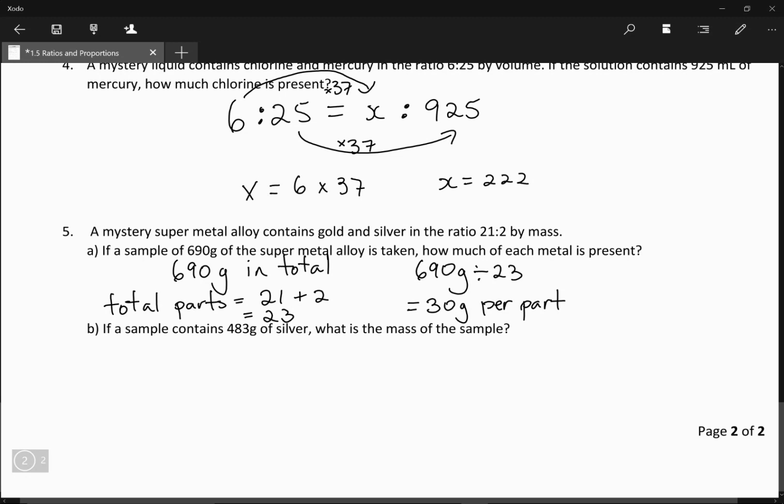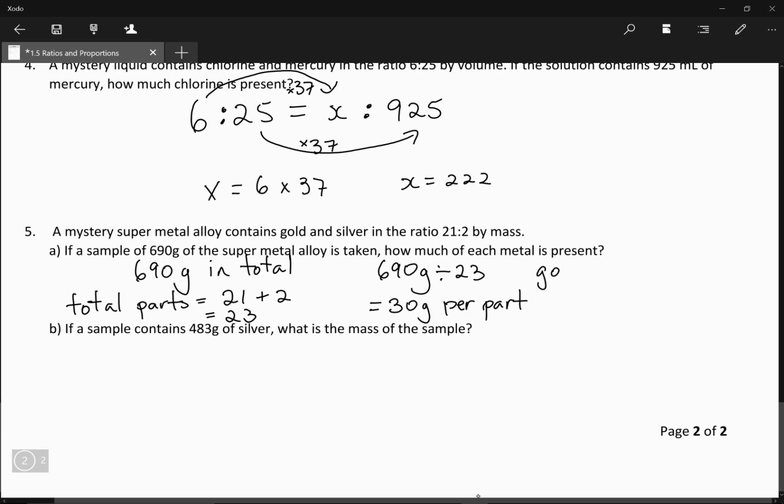So if I look at gold, if I have 30 grams per part, and I have 21 parts, then I should have 630 grams of gold. And what about silver? Well, for silver, again, if it's 30 grams per part, I'm going to say 30 times how many parts of silver? Well, I have 2 parts of silver, and that's 60 grams. Okay, so my ratio of gold to silver is 630 grams of gold and 60 grams of silver.